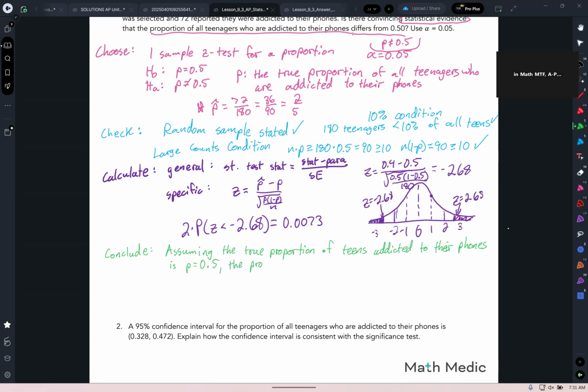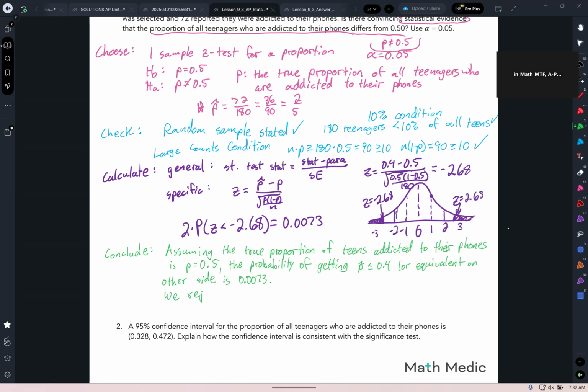The probability of getting p hat less than or equal to 0.4, or equivalent on the other side, is 0.0073.